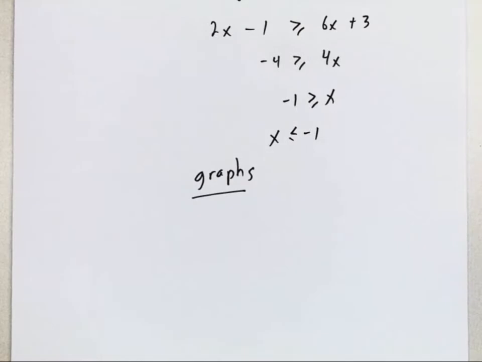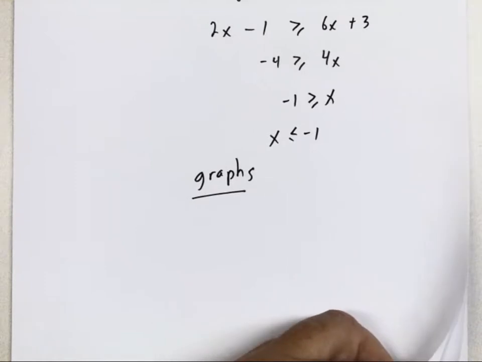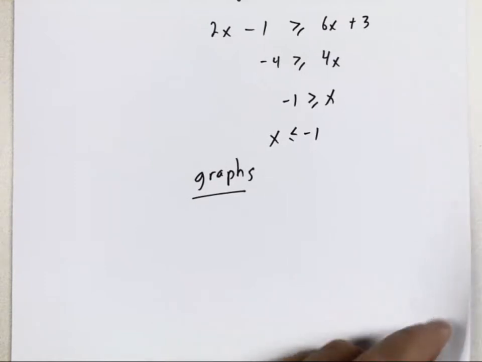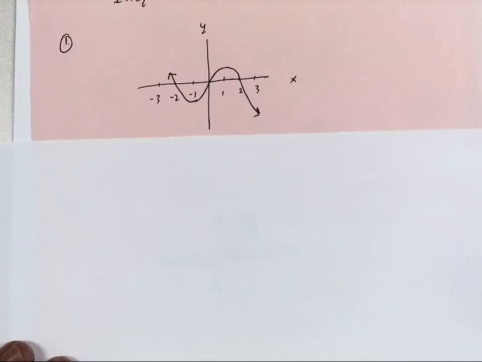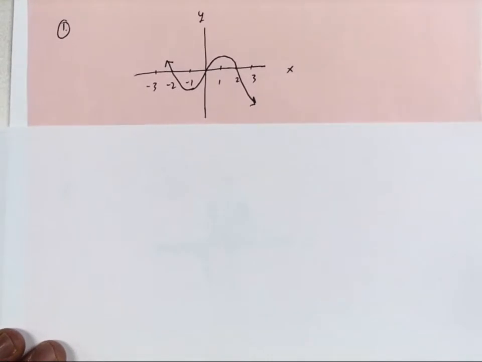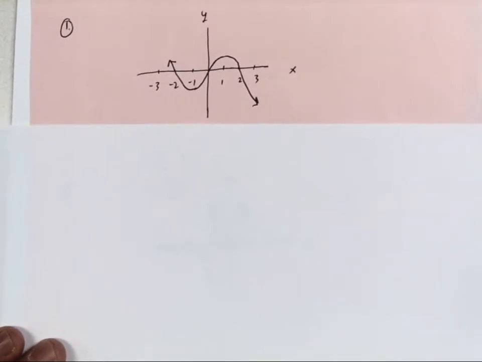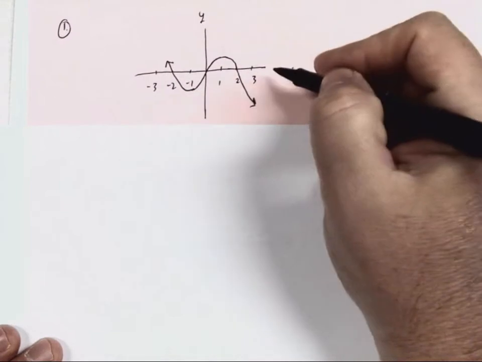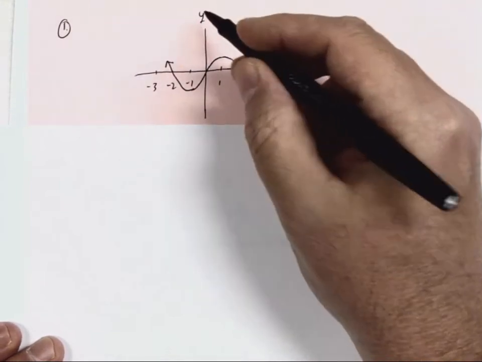So just by hand, I've drawn up a graph of a function. This is not real complicated, but let's talk about this first before we do the math part. So here is a graph of a function. You notice the horizontal axis is of course labeled x, the up and down is y.